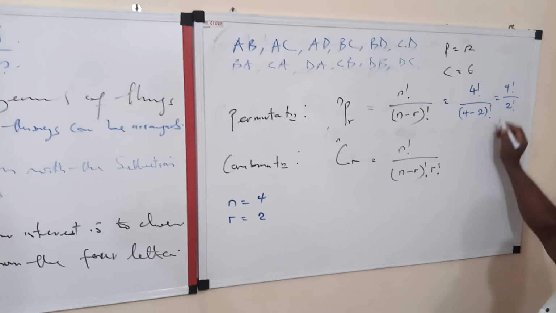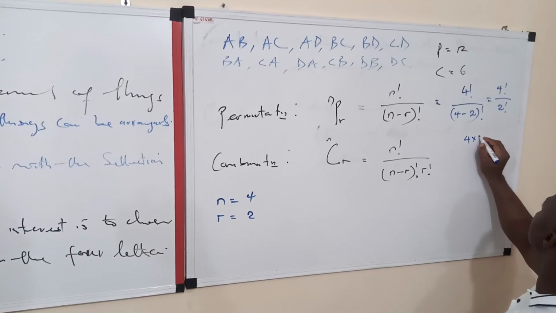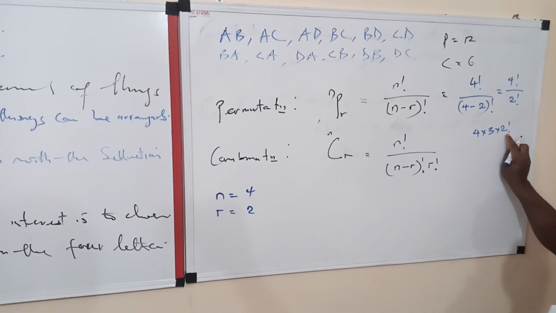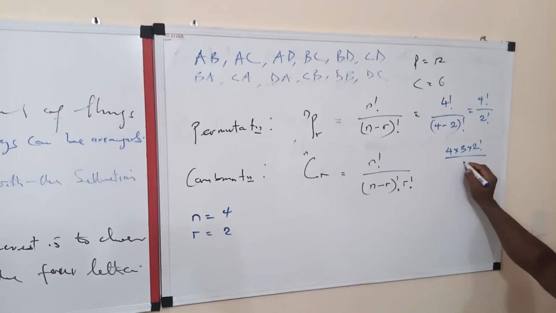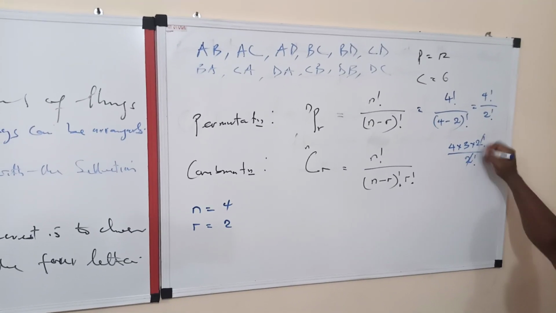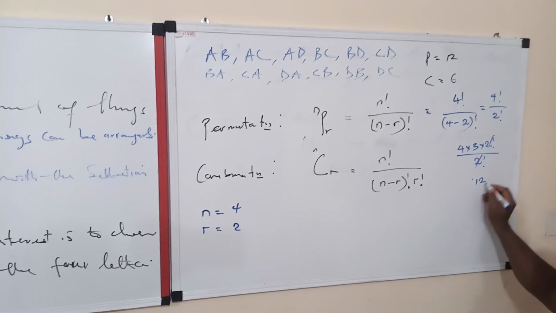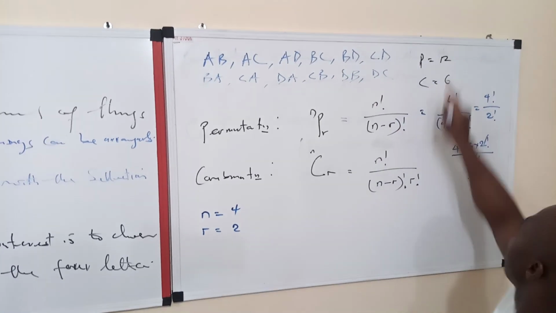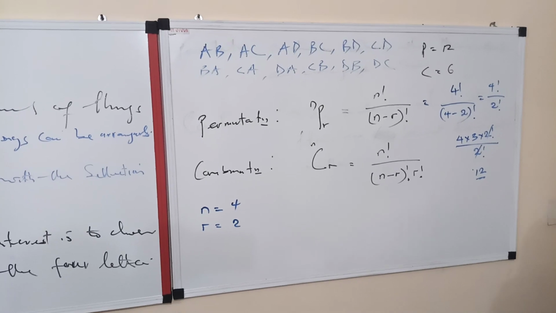And 4 factorial is the same thing as 4 times 3 times 2 factorial, because this is again times 1, all over 2 factorial. So 2 factorial cancels, and we have 4 times 3, which is 12. So for permutation, as we also did, we said we have 12 permutations. And even from the formula, you can see that it's still 12 permutations.